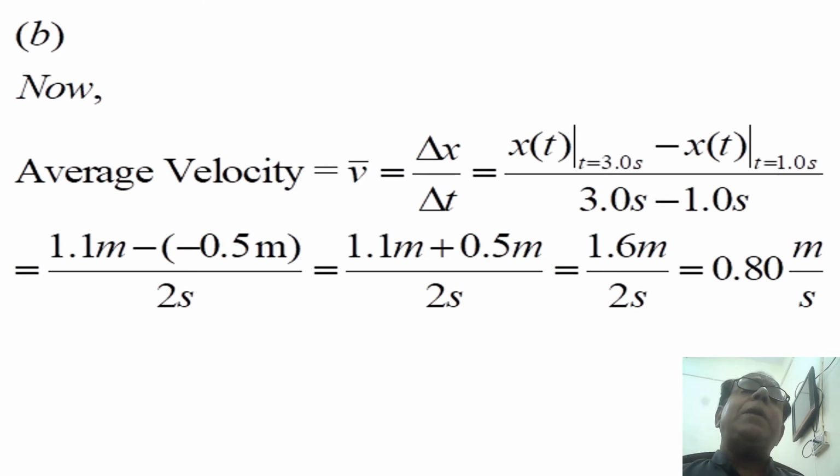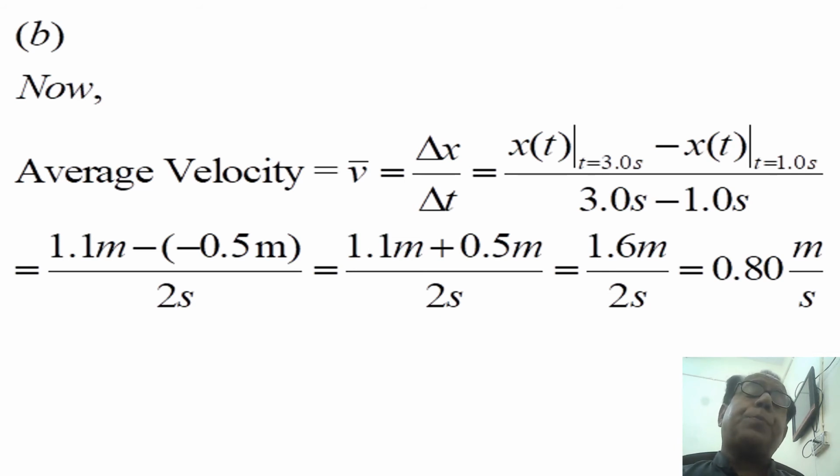This alternatively becomes equal to 1.1 meter minus (minus 0.5 meter) divided by 2 s, where 3 second minus 1 second is equal to 2 second. In the numerator, we have simply substituted the values of x(t) at t equal to 3.0 second, which is 1.1 meter, and at t equal to 1.0 second, which is minus 0.5 meter.